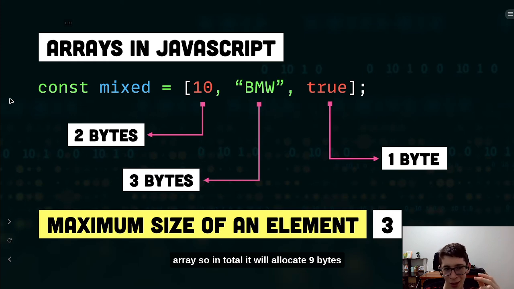Alright, the program needs to read only 2 bytes to find the number, but for the BMW the system needs to read 3 bytes, but the program needs to read 1 byte only.